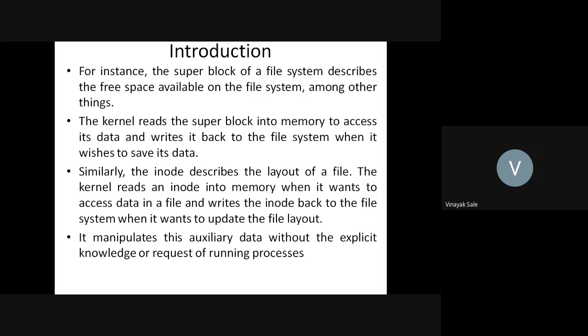The kernel reads the inode into memory when it wants to access data in a file and writes the inode back to the file system when it wants to update the file layout. It manipulates this auxiliary data without the explicit knowledge or request of running processes.